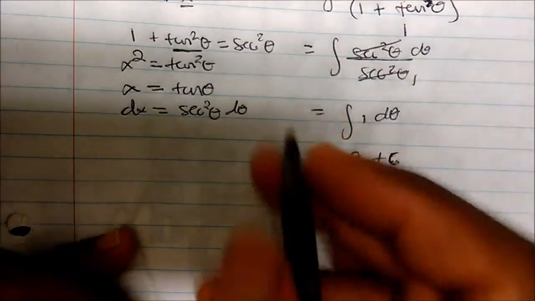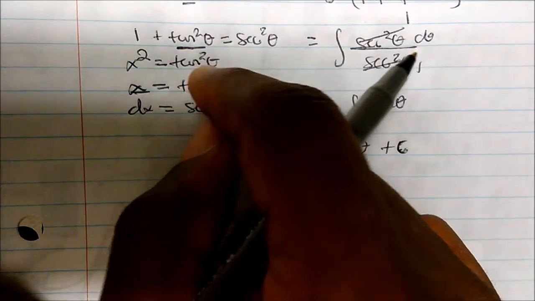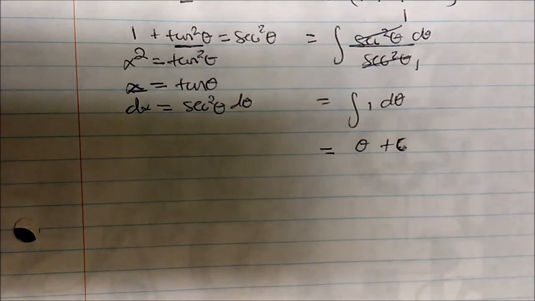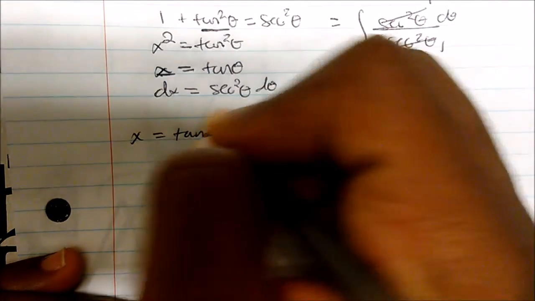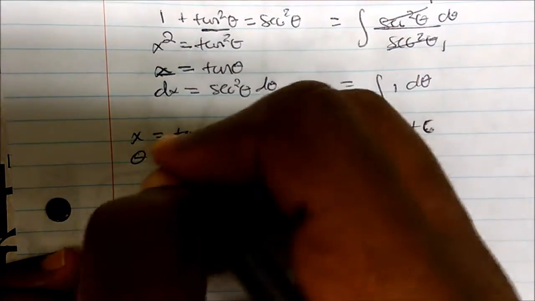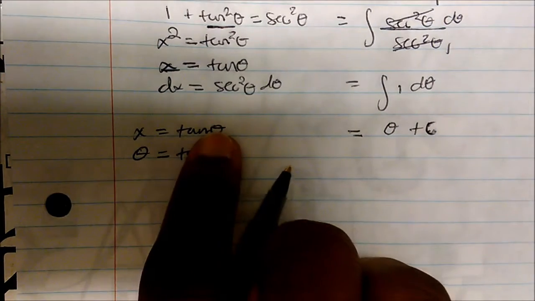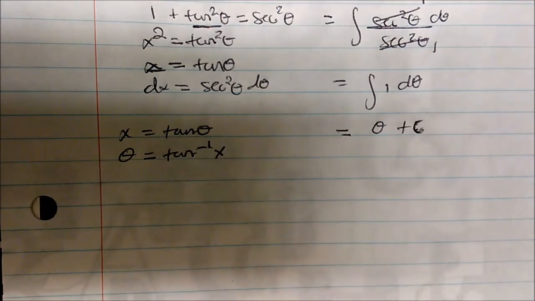Well, always go back to what you did substitute in for x. And here's the rationale. If x is equal to tangent of theta, then theta must be equal to tangent inverse of x. Okay, so all I'm doing is taking the inverse to get what theta is actually equal to.